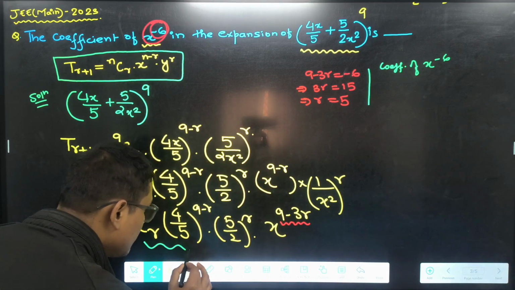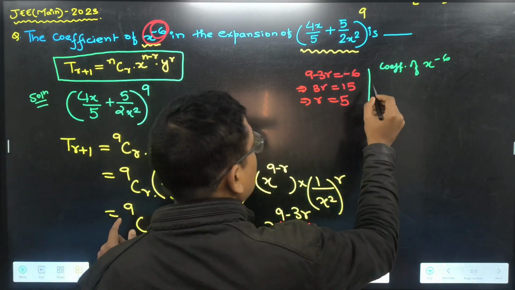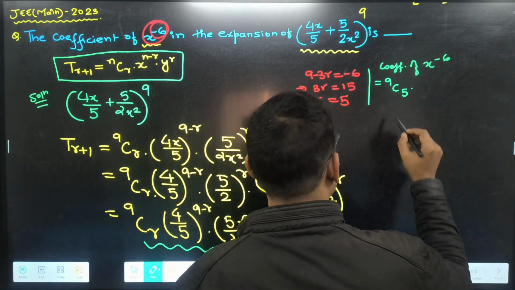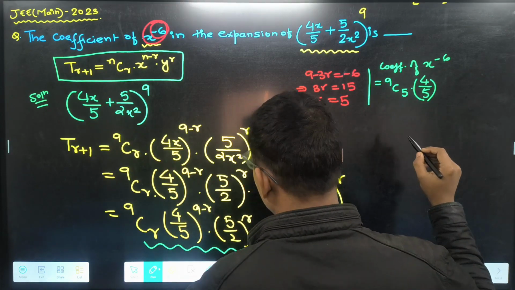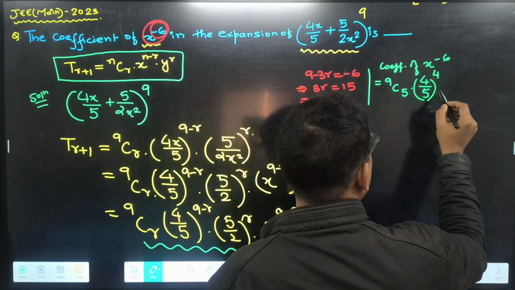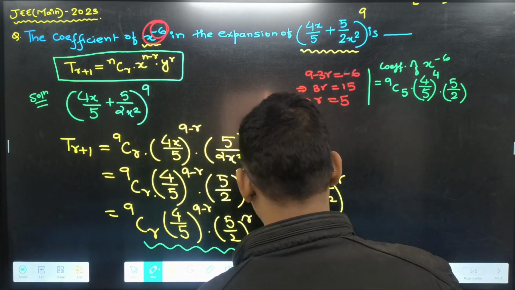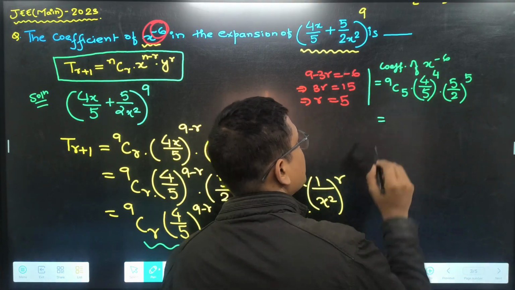This whole thing will become 9C5 into 4 by 5 to the power 9 minus 5. That means it will become 4. Here 5 by 2 to the power r, and r means 5. Okay. So our expression becomes 9C5.